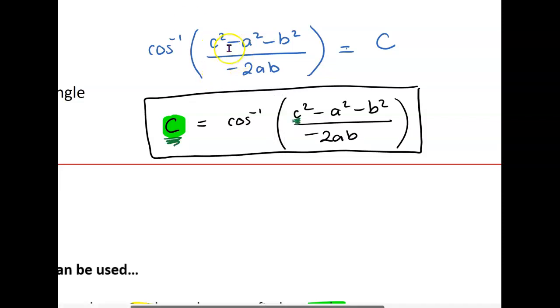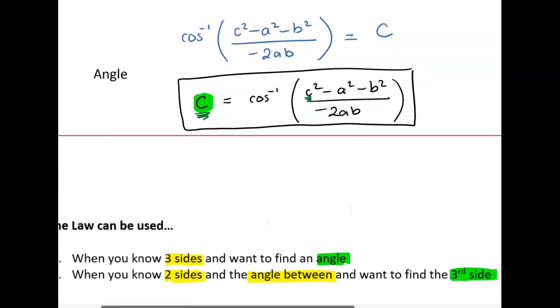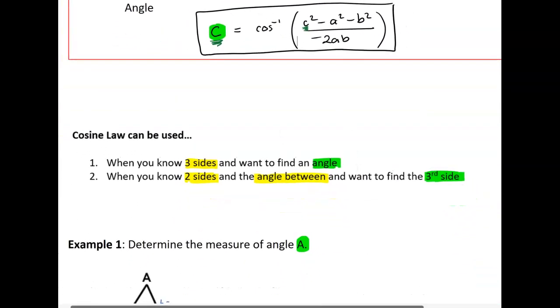What's really important is that the angle that you're trying to calculate, the side length is the one that's positive in the formula and the other side lengths are negative. Well, they are being subtracted. So when you rewrite it for a different letter, make sure that you match it so that the angle and the side length are the positive version here, okay?